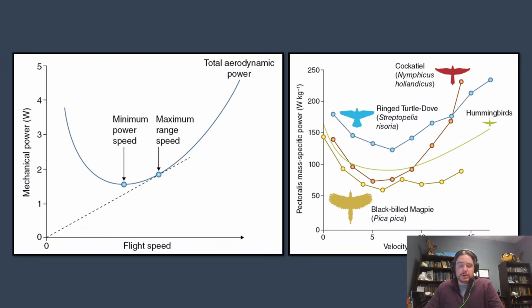Let's talk about power a little bit. So power is just a way of talking about the energy required to go a certain unit of speed over a certain amount of time.